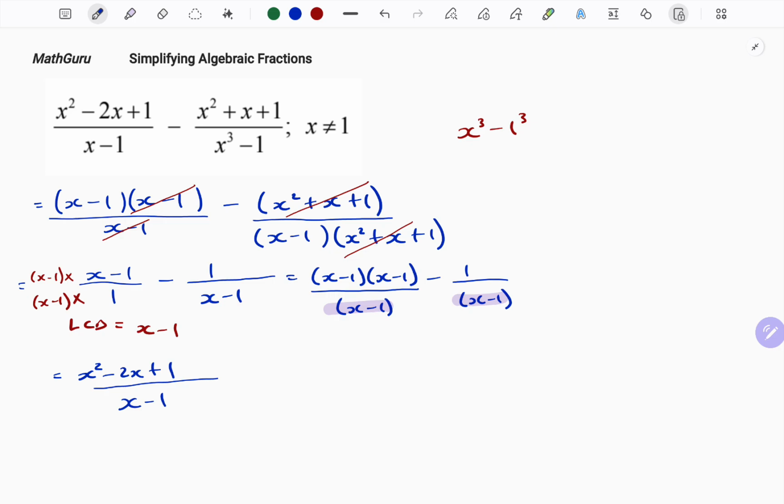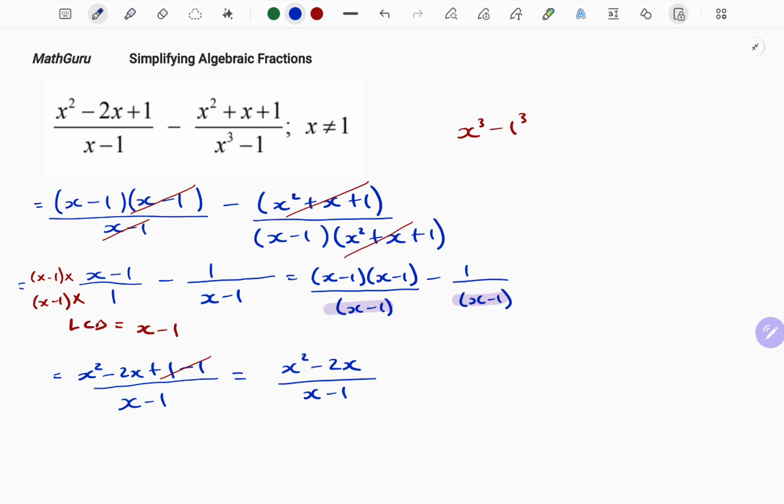Then I have the numerator on my right hand side, that's minus 1. If I simplify further, that is x squared minus 2x plus 1 minus 1, plus 1 minus 1 goes out. I'm left with x squared minus 2x over x minus 1.